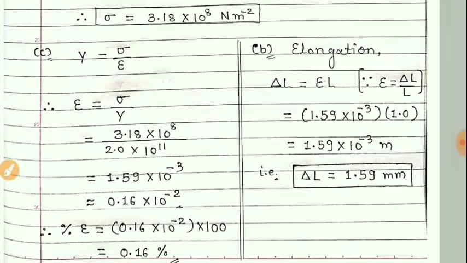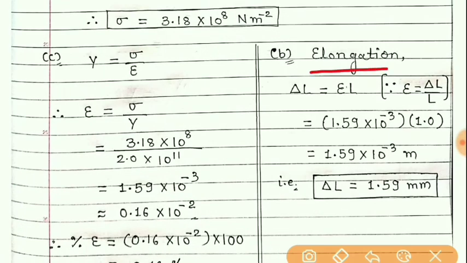Now how much elongation is there, means how much the length of that steel wire or steel rod is increased. Students, we know that strain is delta L upon L, change in length upon original length. So in this equation, if we make delta L the subject, then we will get delta L is equal to epsilon into L. What is epsilon?